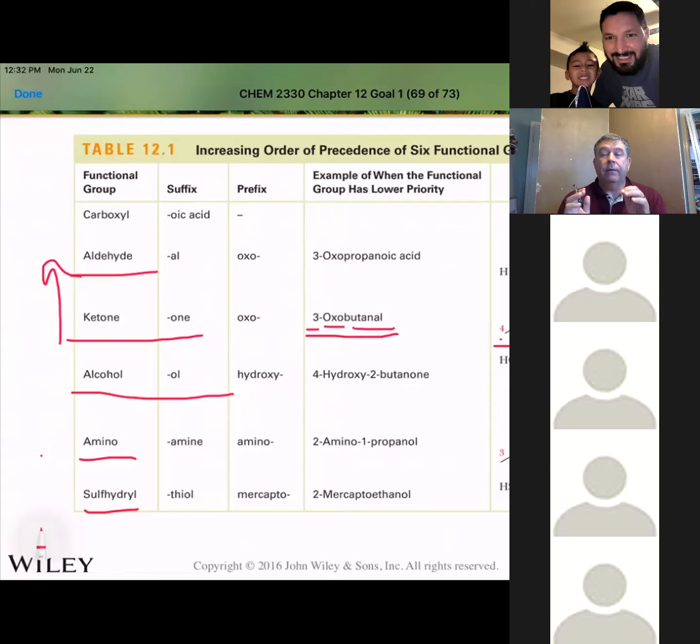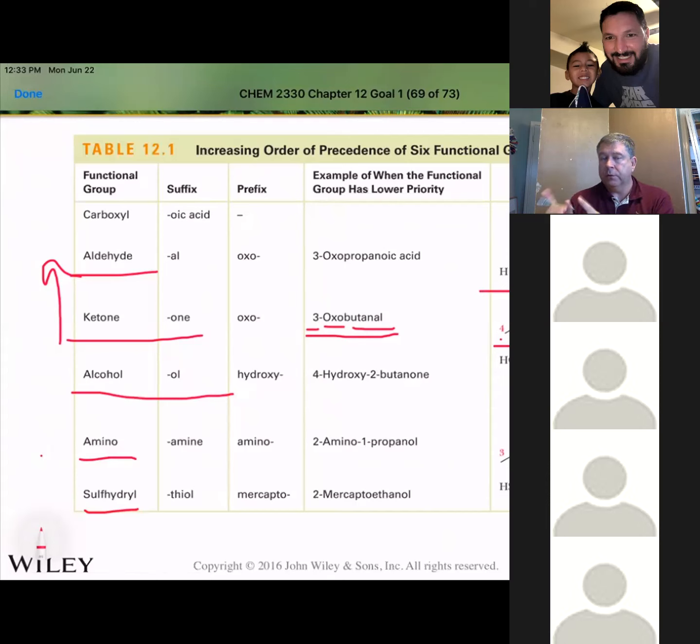Now, the tricky part is that if we have an aldehyde on a carboxylic acid, we end up using the same prefix, which is the oxo prefix. So in the case of this compound right here, we have a total of 1, 2, 3 carbons with a carboxylic acid. So we have propane, and we're going to call that propionic acid.